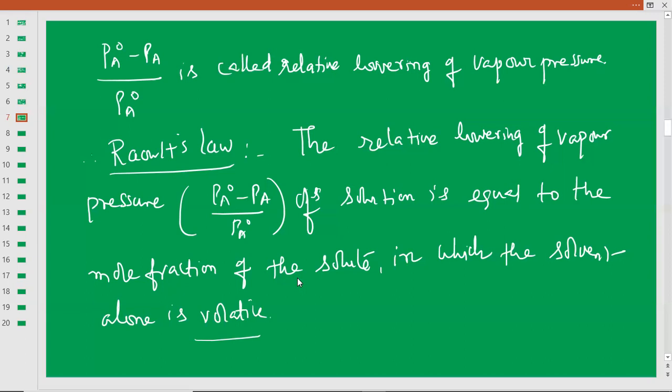Okay, let us step into one more important thing here, that is Raoult's law, relative lowering of vapor pressure, how it is said to be facing some difficulties.